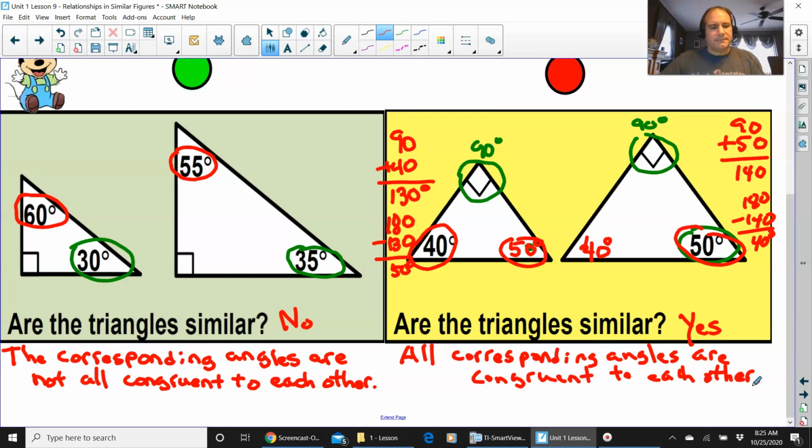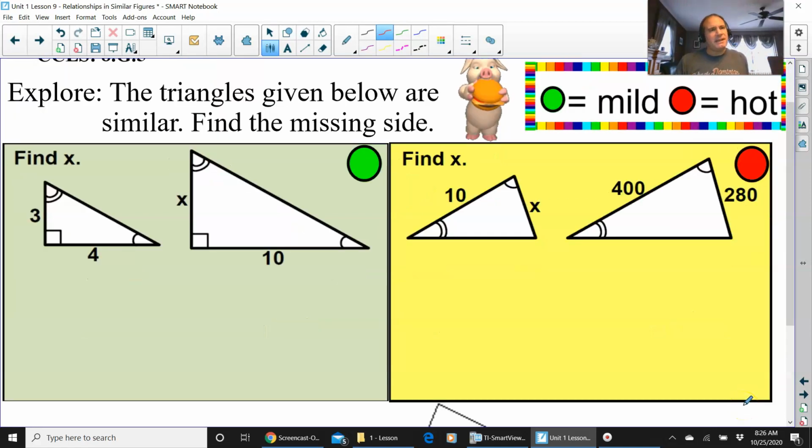And that's it. So moving on to the next page, it says explore: the triangles given below are similar. Find the missing side of each. Go ahead, try the problems, both of them. We'll come back with the answers and review. Press pause and try the problems now.